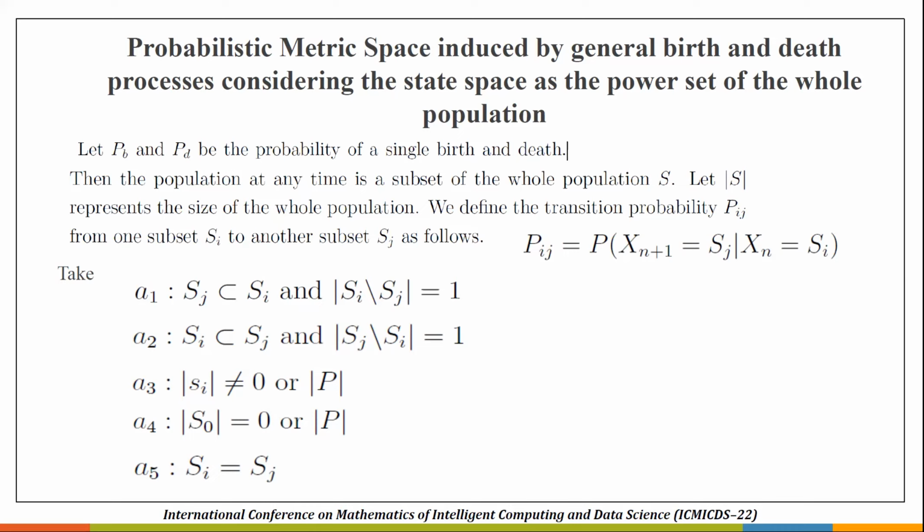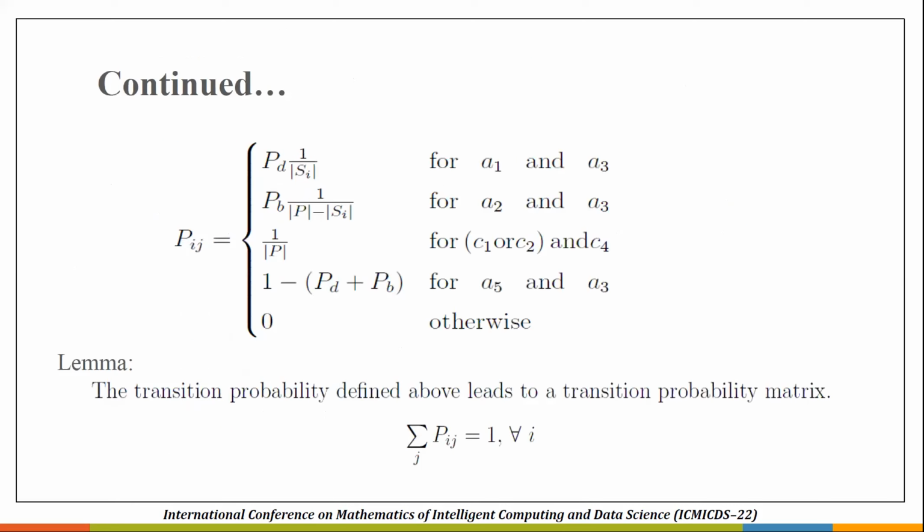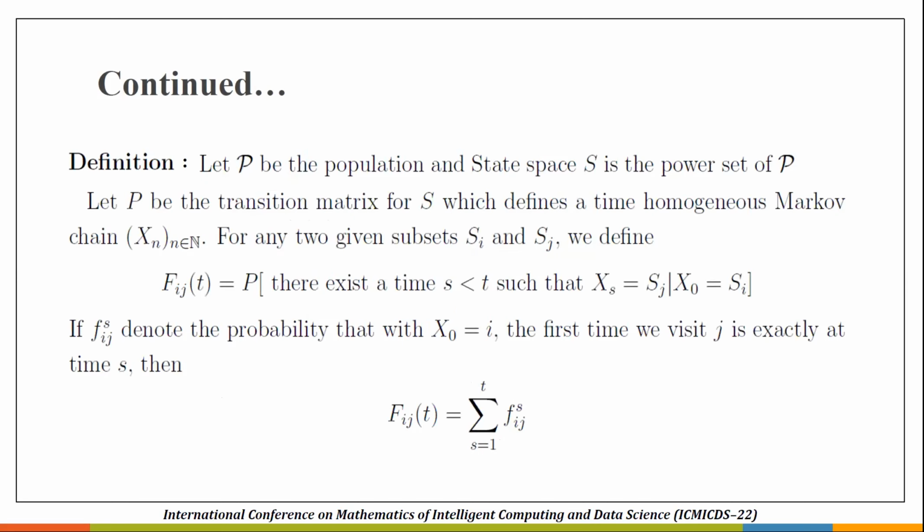So here also transition probabilities can be defined from one subset to another subset of the population with these conditions. Here also we can prove that this is a stationary Markov chain with some basic initial assumptions. As in case 1, we can define distance distribution functions for any pair of states in the space.